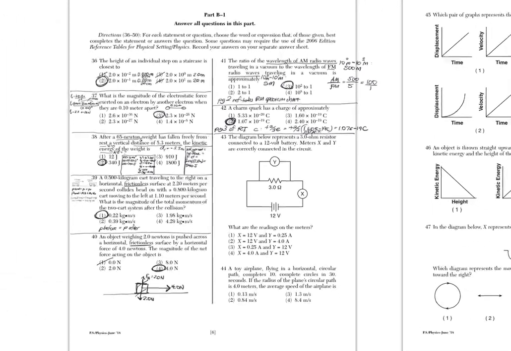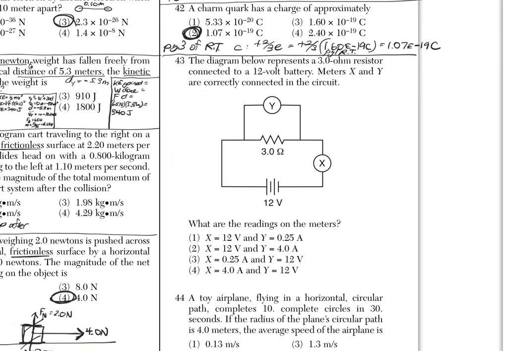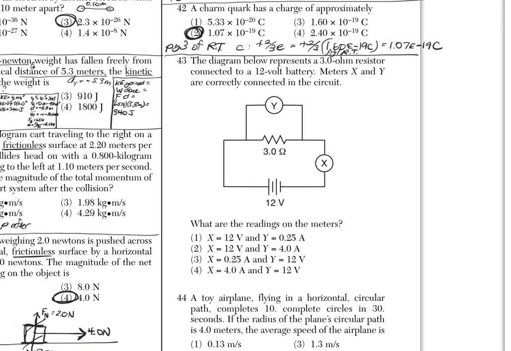All right. 2 more in this column on this page. 43, we have ourselves a circuit. There is one resistor in that circuit, and there's Y and there's X, and this is what are the readings on the meters. Well, first you have to know what the meters are doing, and so Y is in parallel across the resistor, and so that is a voltmeter.